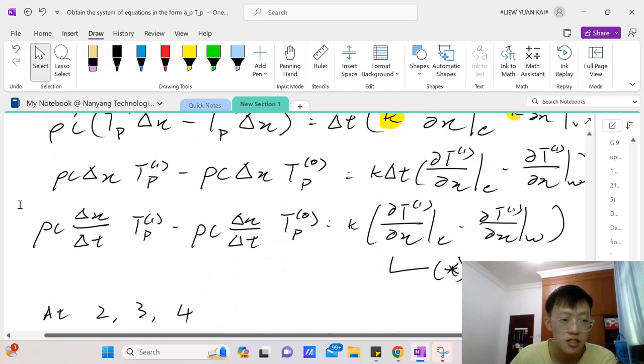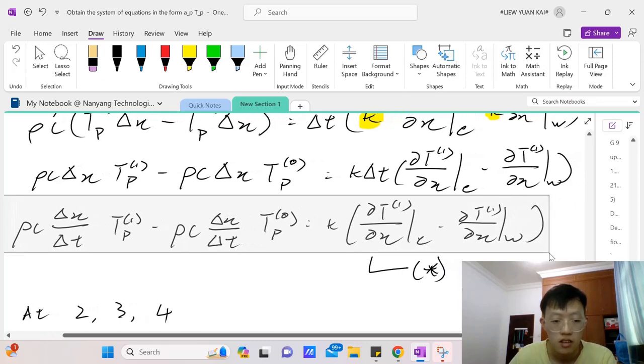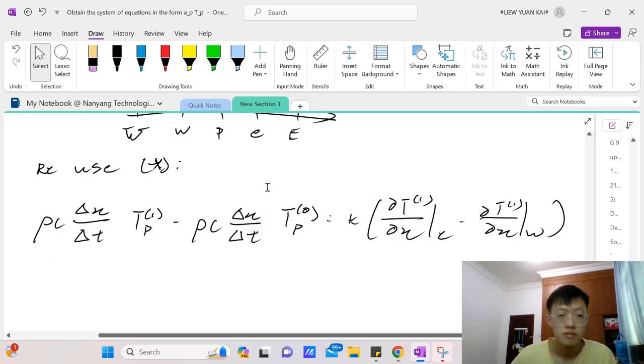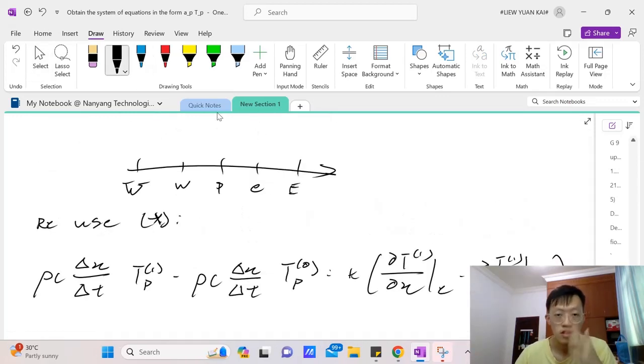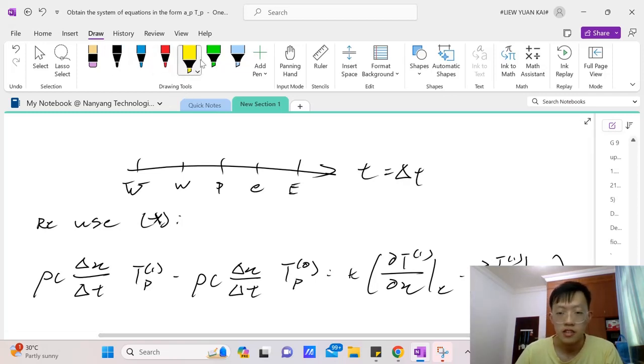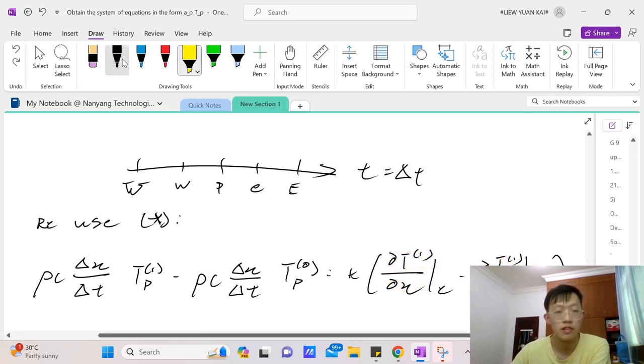Let me just copy this directly. Take note that this line is at t equals delta t. And with that, we need to approximate these derivatives, which is just the central differencing scheme, which we are very familiar with.